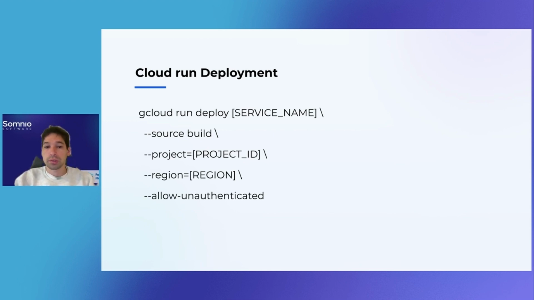You need to provide your service name, your project ID, and the region. In this case, we put allow-unauthenticated because we assume that you're already logged in using the gcloud CLI. But this is really easy, and you can have your backend up and running in the cloud with this little step.